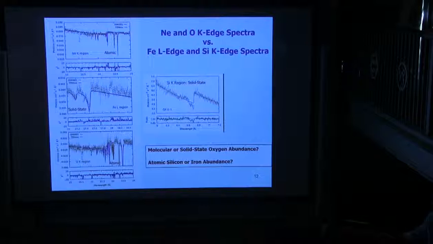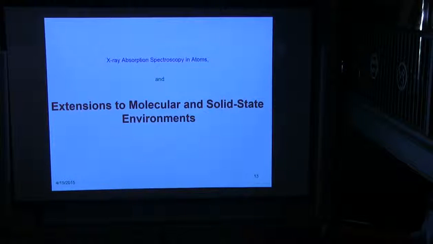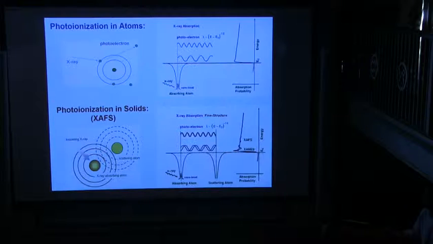Silicon as well appears to be primarily solid state, but the question is, could there be any solid state oxygen in the ISM? And likewise, could there be any atomic silicon or iron? Therefore, one would really like to have a model that included both, and that's the purpose here. That's where I want to go with the rest of this talk, to extend to molecular and solid state environments.